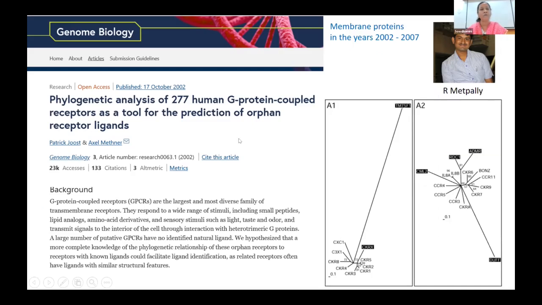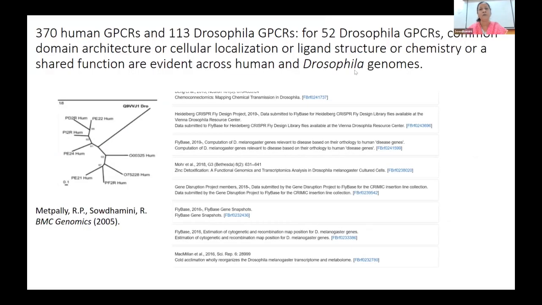And I kind of waved this paper in front of Raghu Prasad Mejpali, who was my third PhD student back in 2002. And he immediately started off to get interested. He had been looking at GPCRs in the Drosophila genome then. And then I asked him whether we should try and co-align, combine the human GPCRs with the Drosophila GPCRs and see if we are able to likewise infer function through phylogenetic principles.